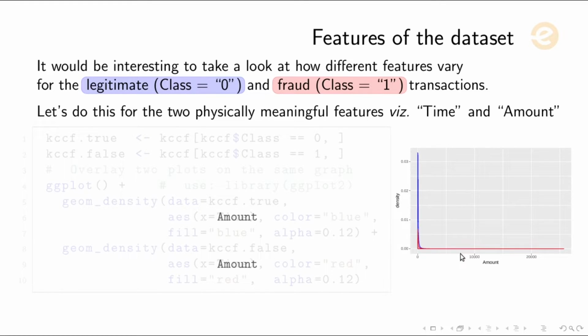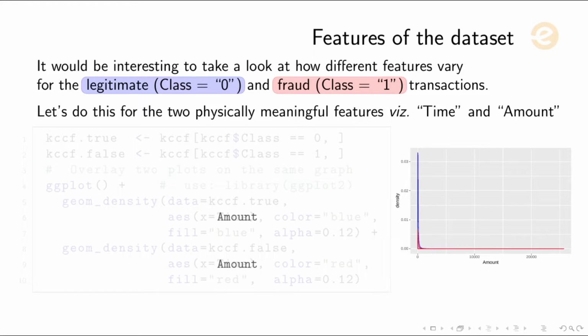That seems to be a very skewed plot, and most of the transactions are of very small amount, whereas the highest transactions go till almost $30,000, but transactions more than a few $100s are really very rare, and most of the transactions happen below $100 or $1,000. So that is why it's very skewed, and we need to take a different mechanism to get a better visualization of this kind of distribution.